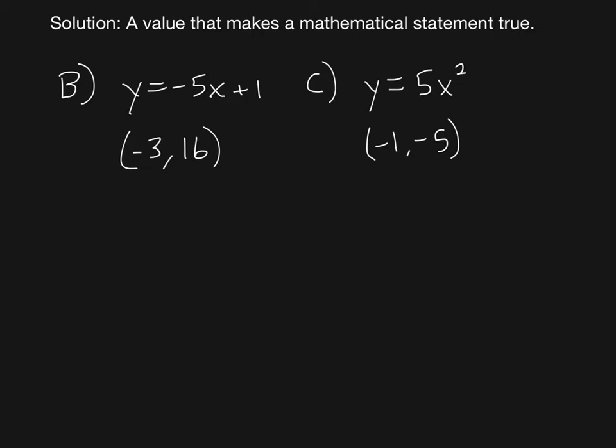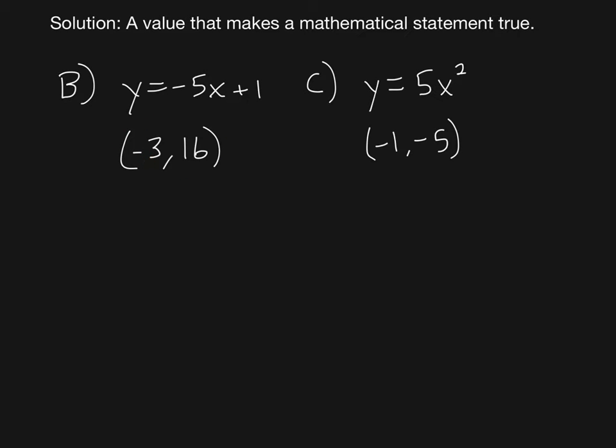Here, though, instead of having an equation or an inequality with one variable, we actually have two variables. We have x and we have y in this first equation here. Y equals -5x plus 1. So when you talk about a solution in this sense, the solution, our value, is actually going to be an ordered pair, right? We think of this as a point or a value that has two coordinates.